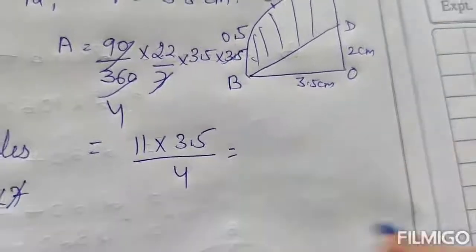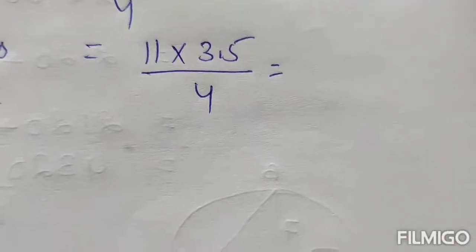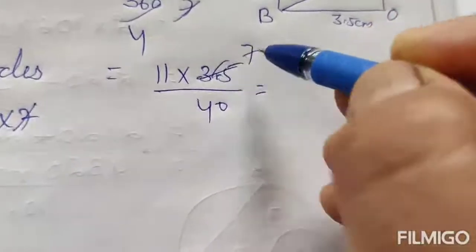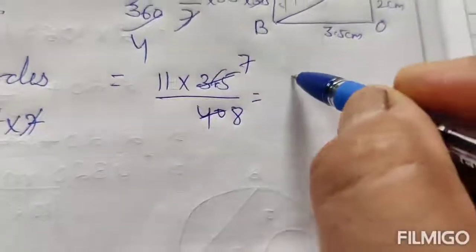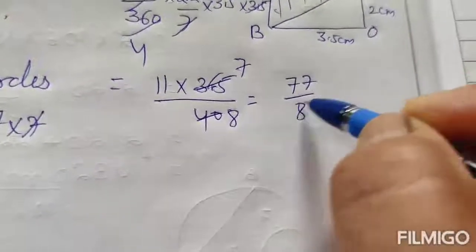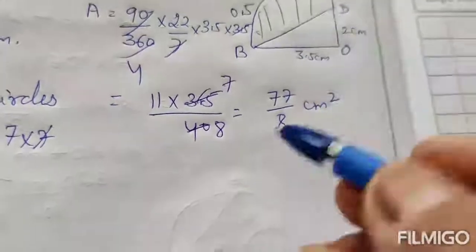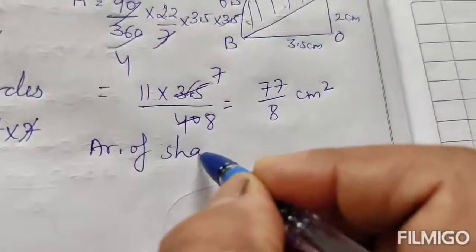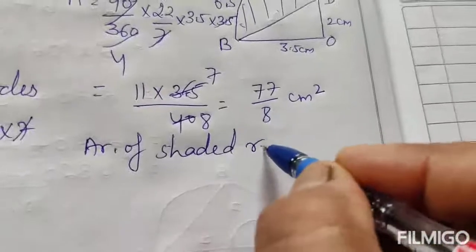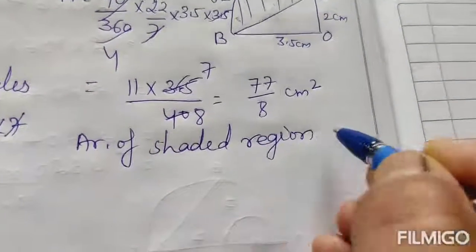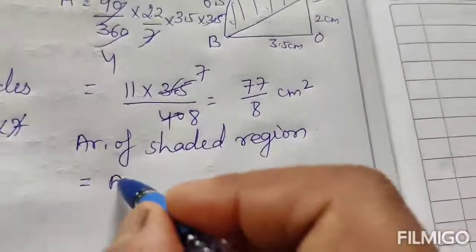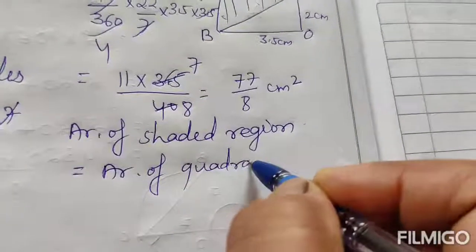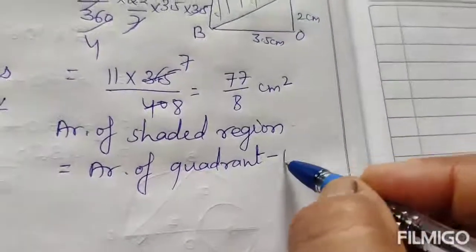Now the answer: the area is 77 by 8 centimeter square. And the area of the shaded region equals area of quadrant minus area of triangle.